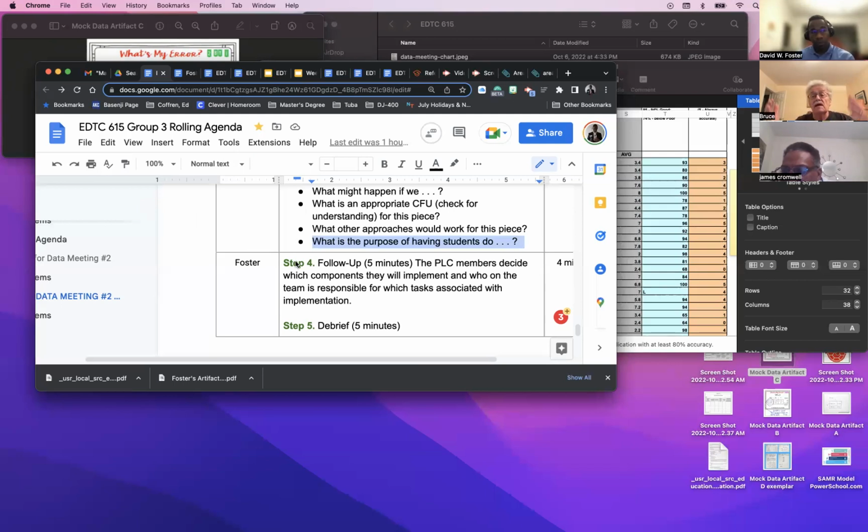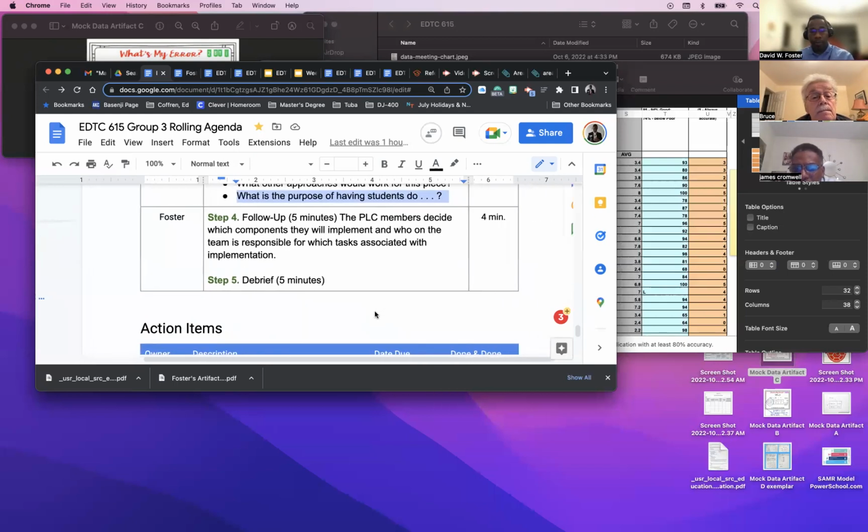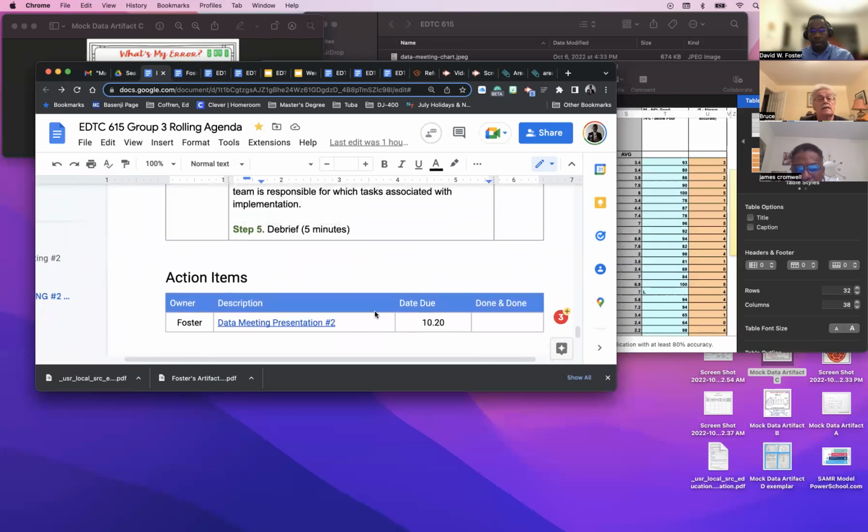I think it's enough to just say one of the improvements is to build in a reflective protocol for the student. Agreed. We're down to 9 minutes, and that's all you have to say. Okay, cool.